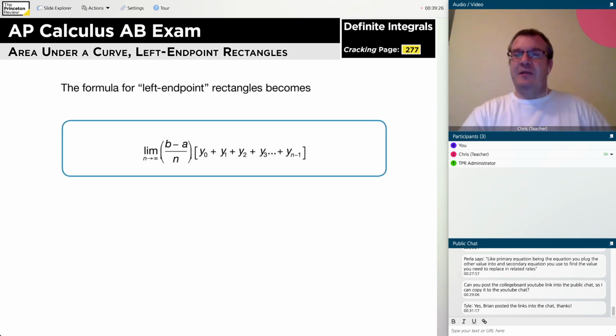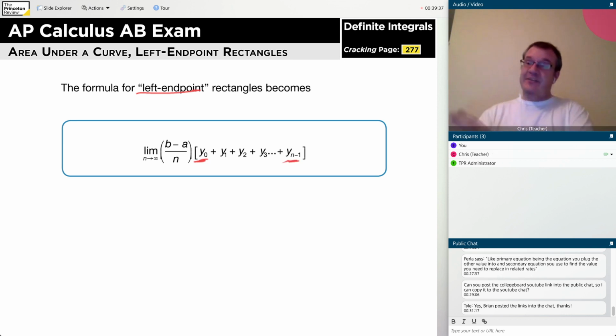Notice with the left endpoint, you're starting with the initial y value, the initial output, and you're ending with the second to last one, because that's the farthest left endpoint that you get. The right endpoint is just going to invert the ideology for the beginning and the ending terms.